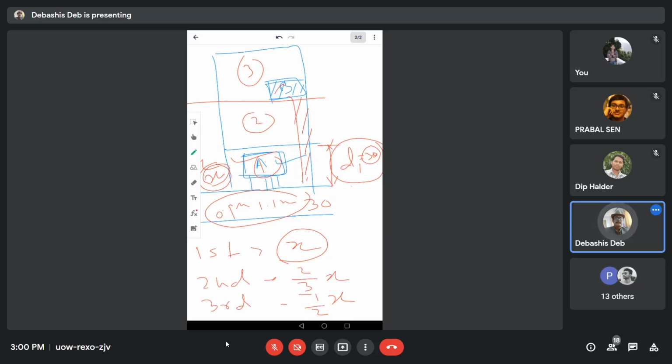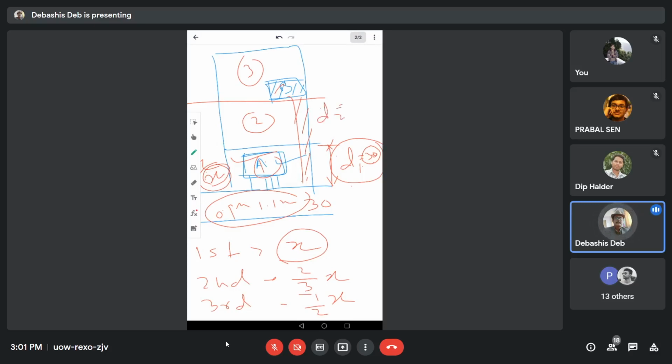What will be the depth? Those plots had depths of some 27 meter, some 30 meter, some 32 meter. So on an average, I took 30 meter. If I consider 30 meter depth, D1 is 30 meter, and X the rate, then I can easily calculate what will be the D2.